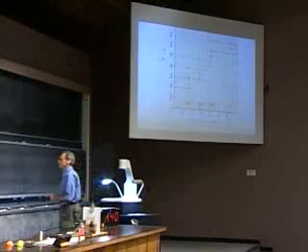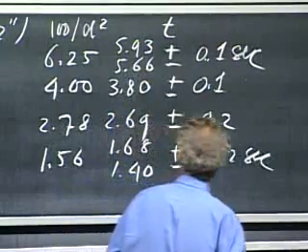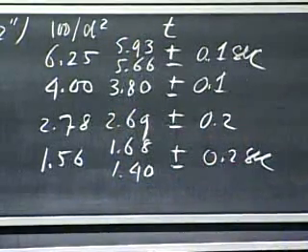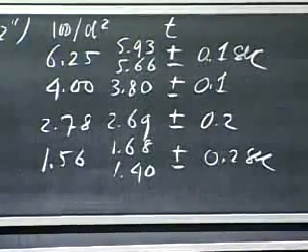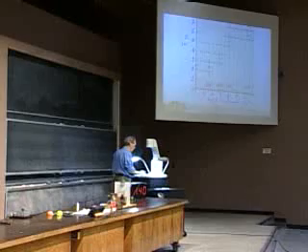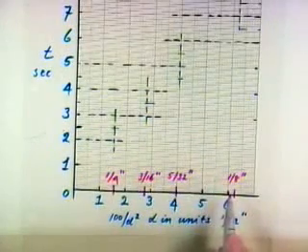So first, we're going to get 5.8 seconds for the smallest ball bearing. This is the smallest one. Don't be misled, because this is 100 divided by d squared. So this is the smallest one, 5.8.